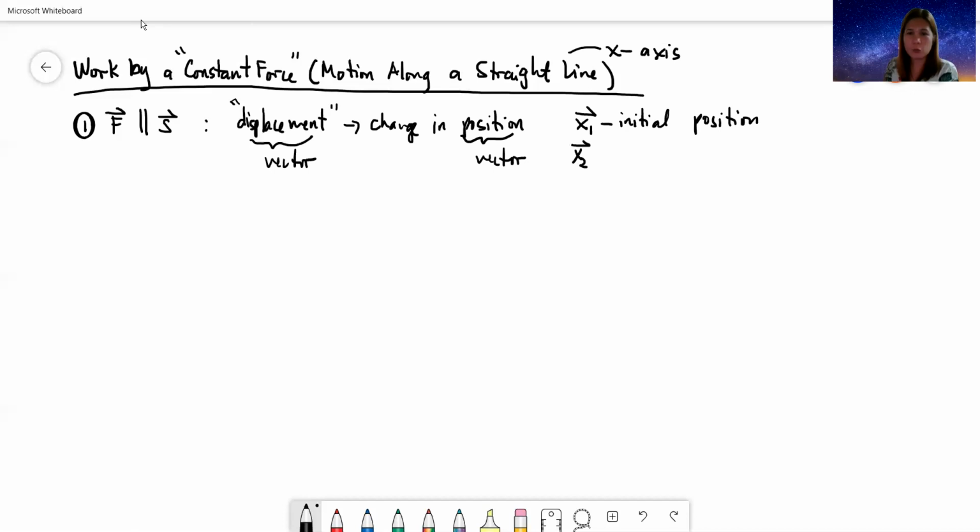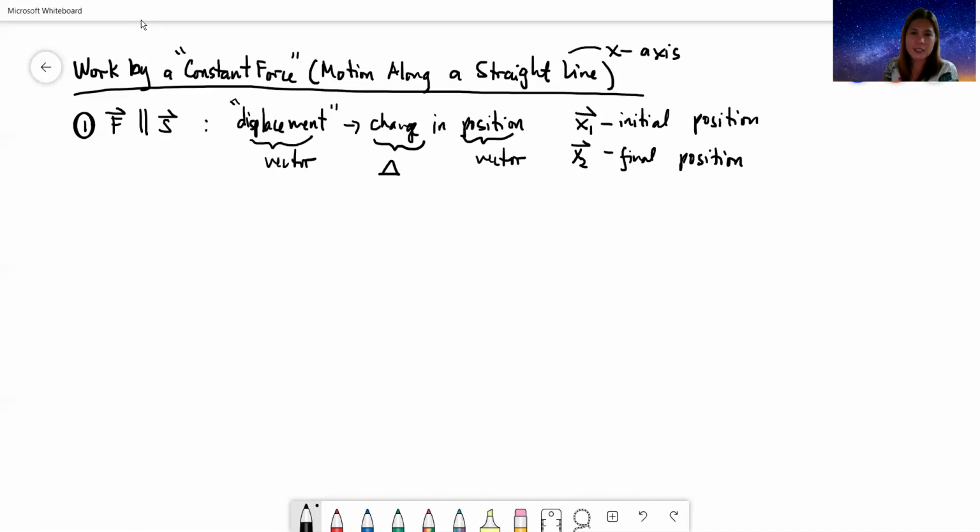So, x sub 2, we take it as the final position. So, ito yung natural, saan siya makikita after ng certain interaction, after nang hinila ba siya or pinush ba siya. So, change in position, the mathematical operator for change is Greek letter delta, if you remember.